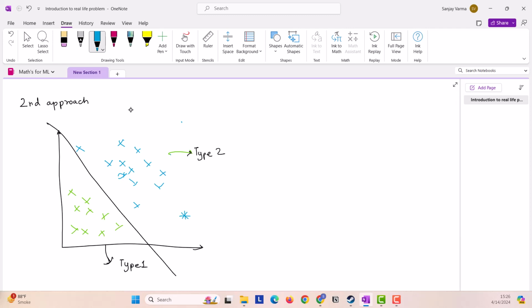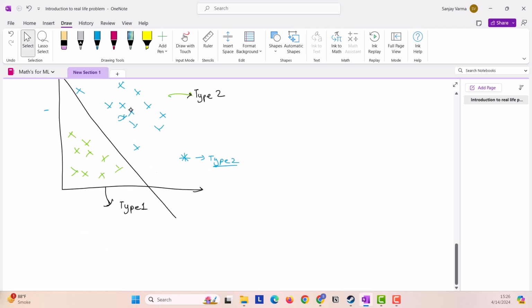So we can say that this is a type 2 fish. What we are trying to say is which side of the line the new data point lies on. Let's say this is the positive side. If it lies on the positive side, we say it is type 2. If it lies on the negative side, it is type 1.